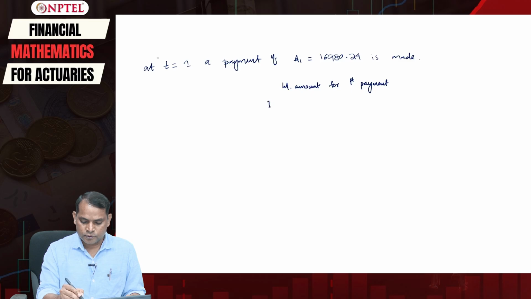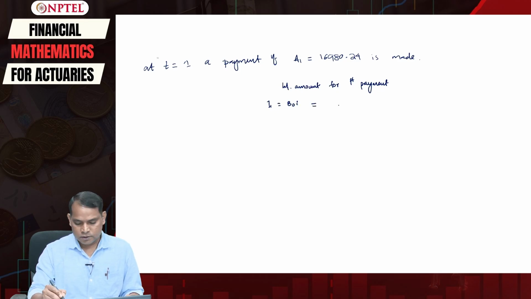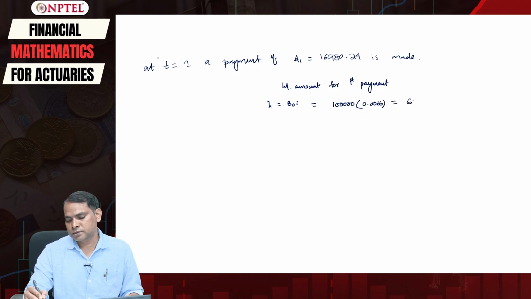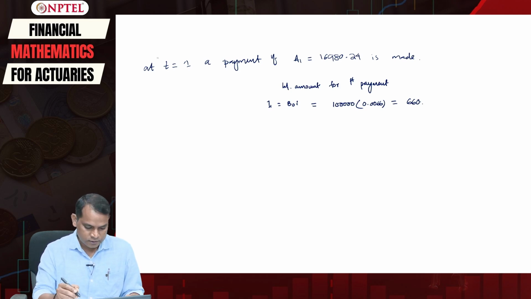We need to compute I1, which is simply B0 times i. So we can have here that 1 lakh rupees multiplied by this 0.0066, which is simply 660 rupees, okay, and the principal repaid in the first period.